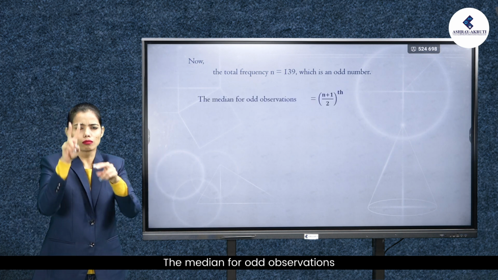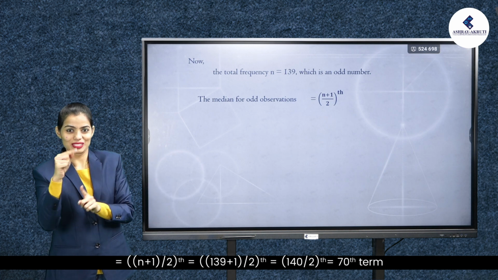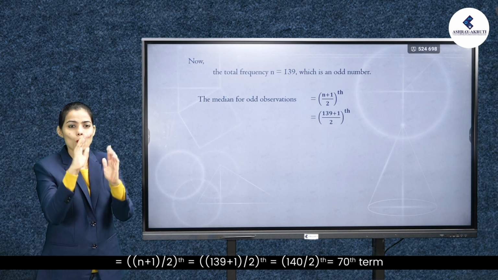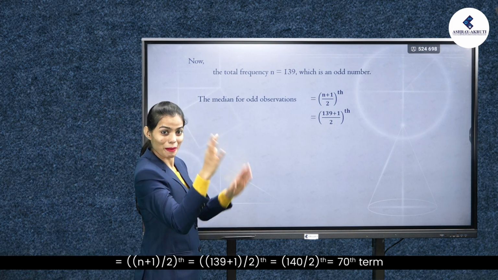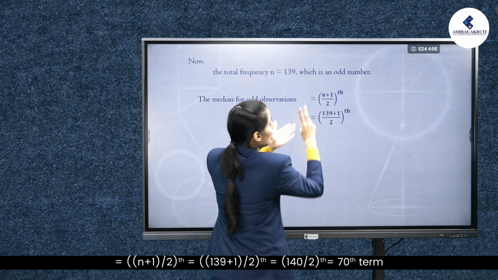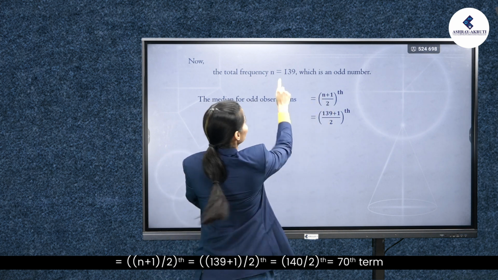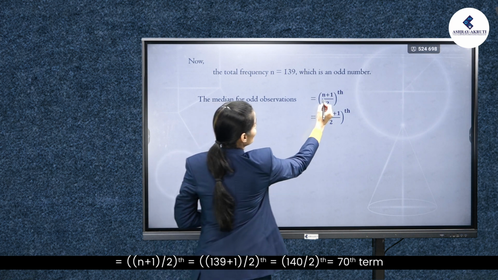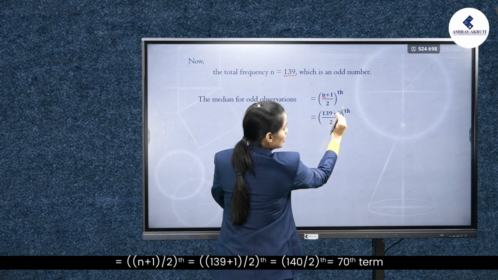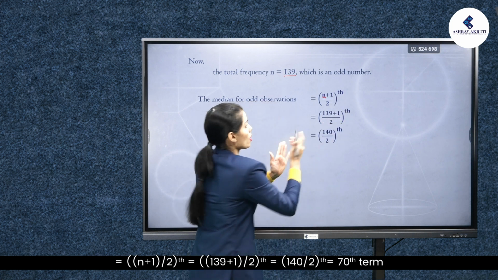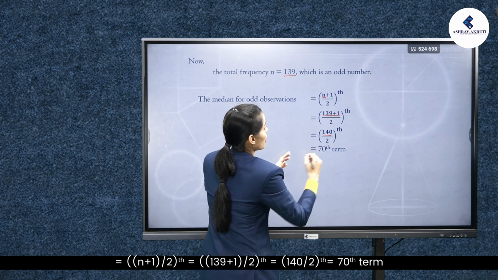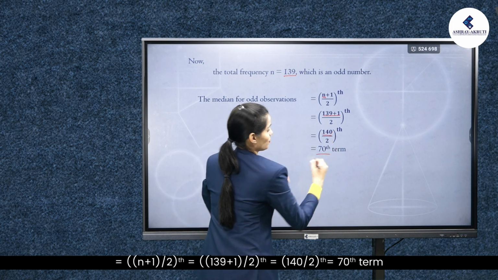The median for odd observations is the (n plus 1) by 2th, which is (139 plus 1) by 2th, is equal to 140 by 2th, is equal to the 70th term.